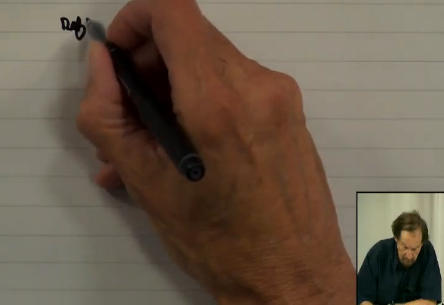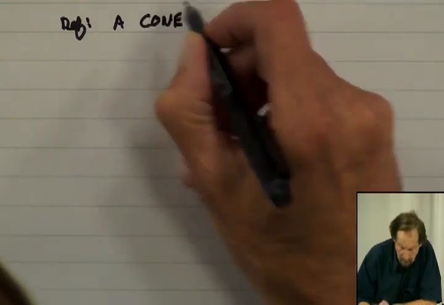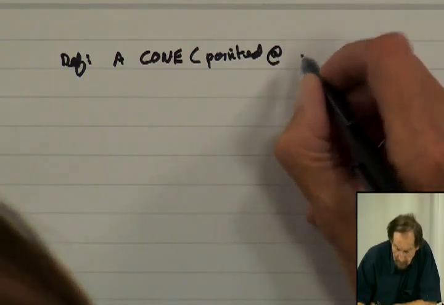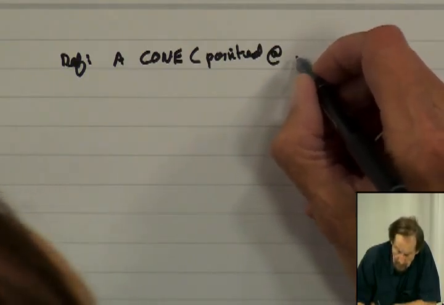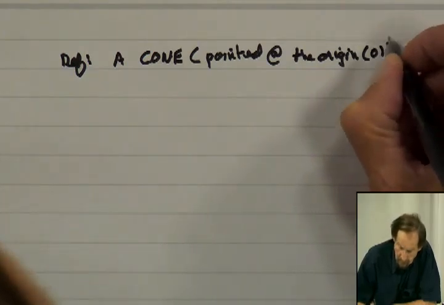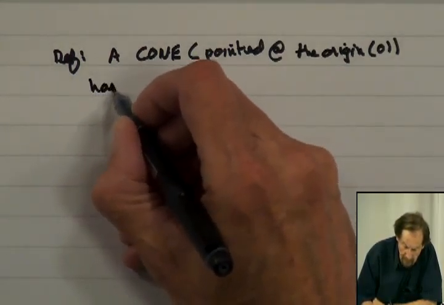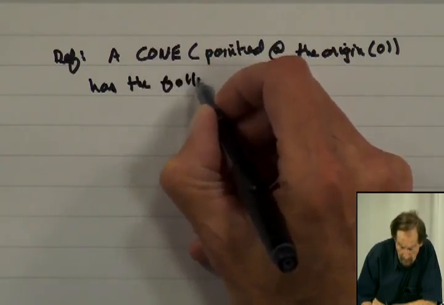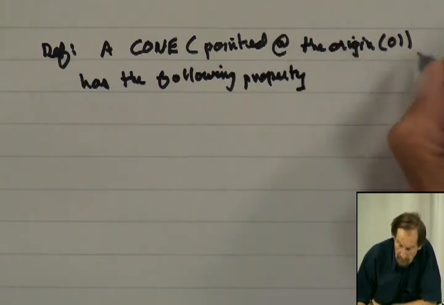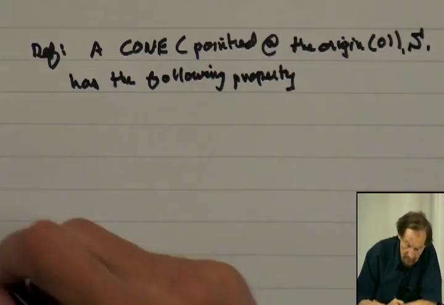We'll say a definition: a cone pointed at the origin, in other words pointed at 0, which we'll call cone S, has the following property.